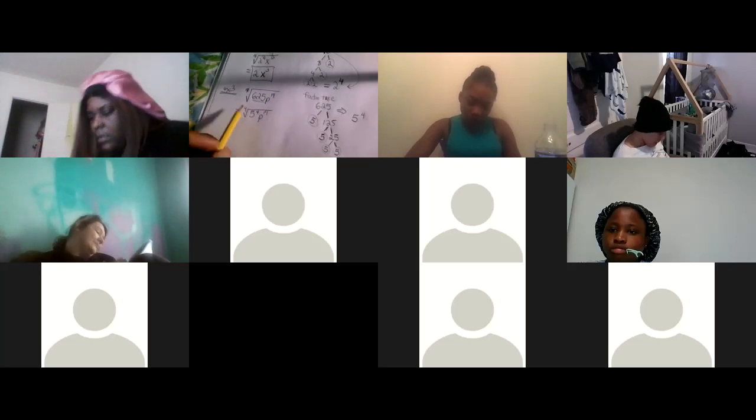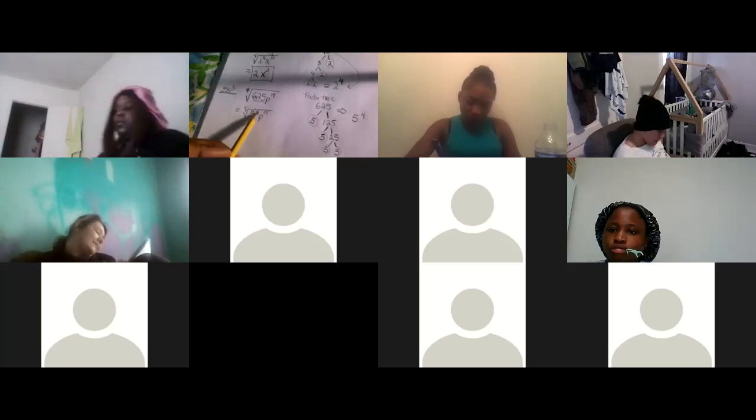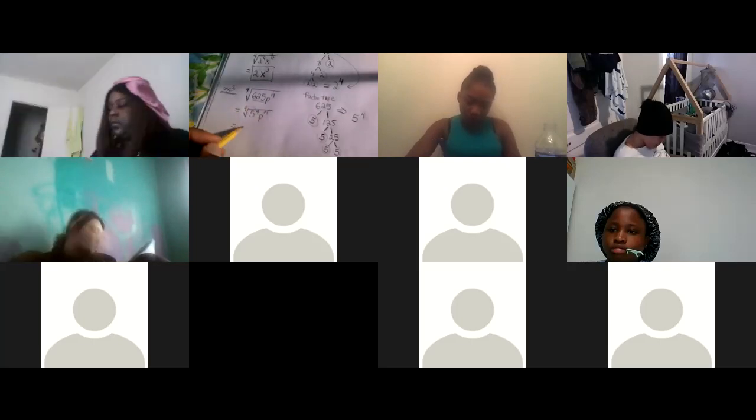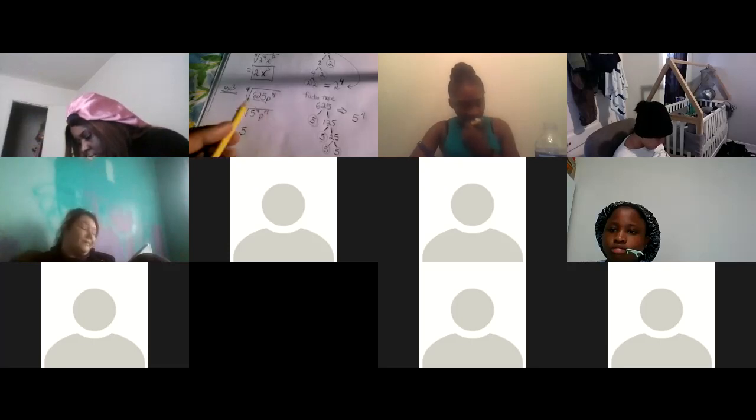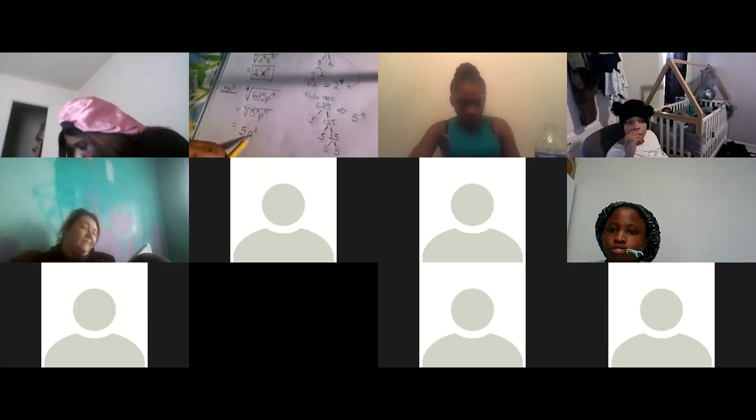So this 4 divides into this 4 evenly, so the 5 comes out of the radical. This 4 does not go into 14 evenly, but how many times does 4 go into it? That's going to be an exponent. So 4 divides into 14 3 times, so that comes out of the radical.